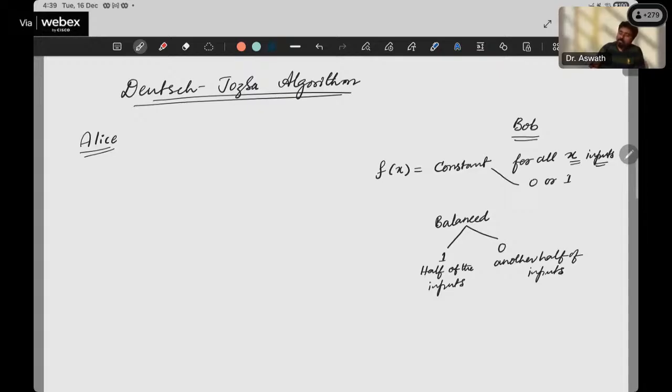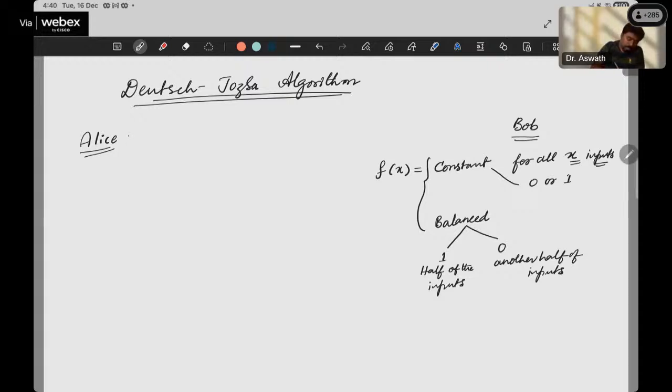If for half of the input it gives you 1, and for the other half it gives you 0, it is a balanced function. So a given function can be of two kinds: one is constant, another is balanced. This is the function Bob is supposed to use. He is at a different location. Now Alice has to find out whether it is a balanced or a constant function.